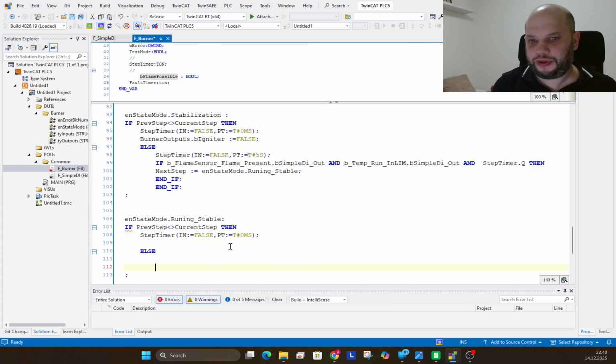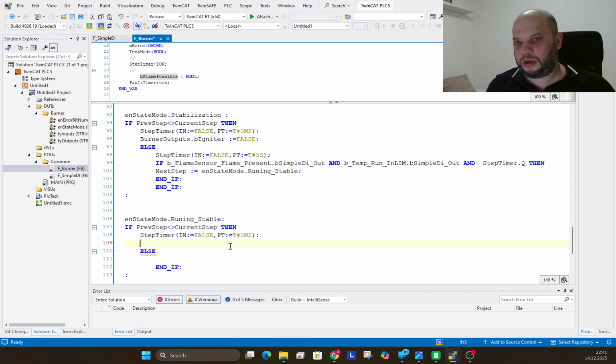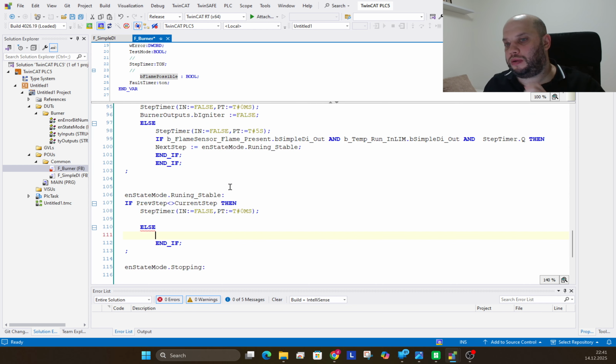Again, say everything is same. Same construction. So in this step we will just monitor both sensors and that's it, I think.